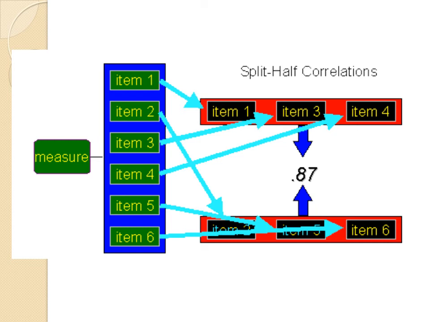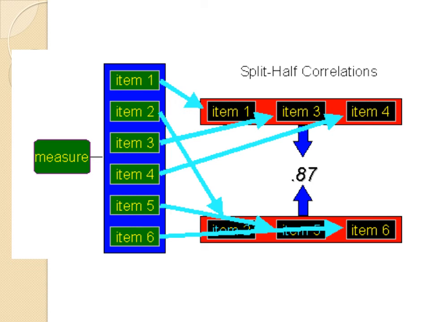Once you get the averages, you get the correlation. Here, it shows that the correlation is 0.87. That's actually a good correlation, which means the split half reliability of this test is very good.